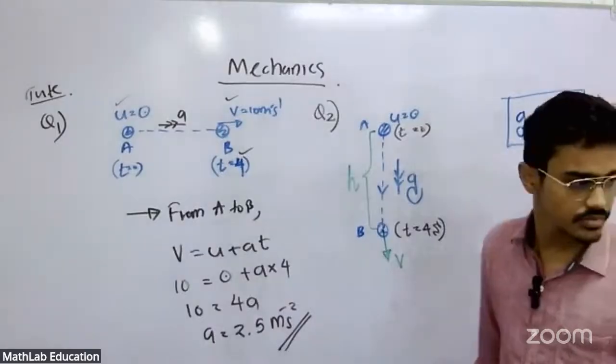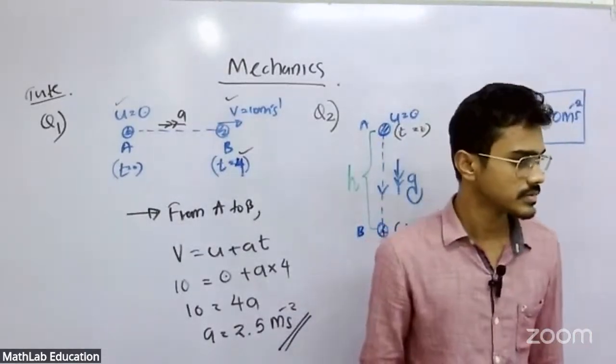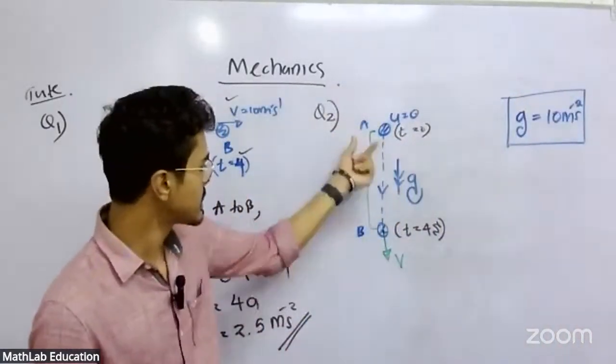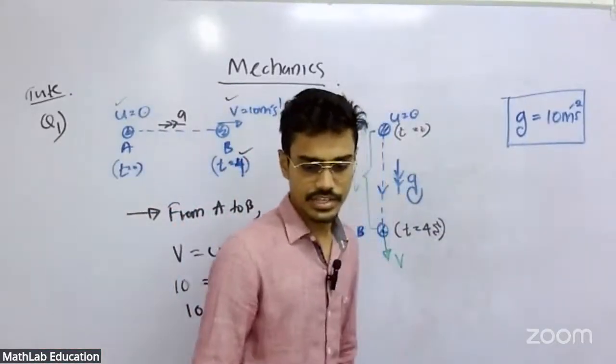And displacement? There are two parts, right? Fallen height is this h. h is a displacement in terms of this motion. Fallen height h.